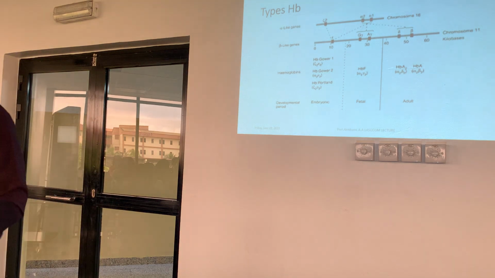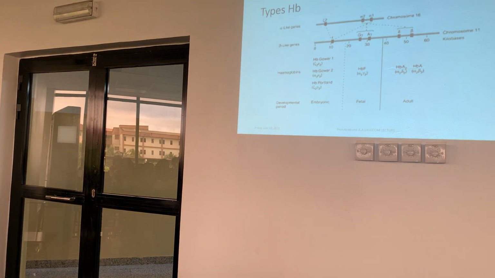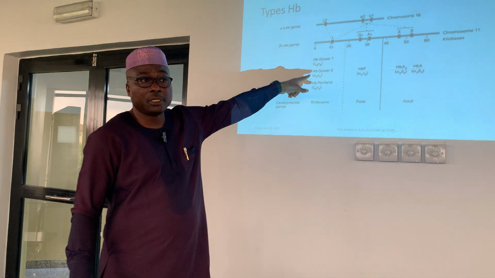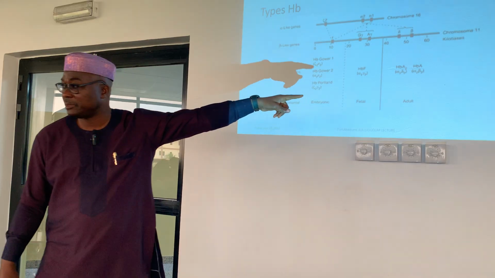So you can also have a combination during the embryonic stage, as early as 6 weeks of pregnancy. Like I said, I was going to genotype a 6-week pregnancy to determine the genotype. So this is what is operational. These are the hemoglobins in the embryonic stage.